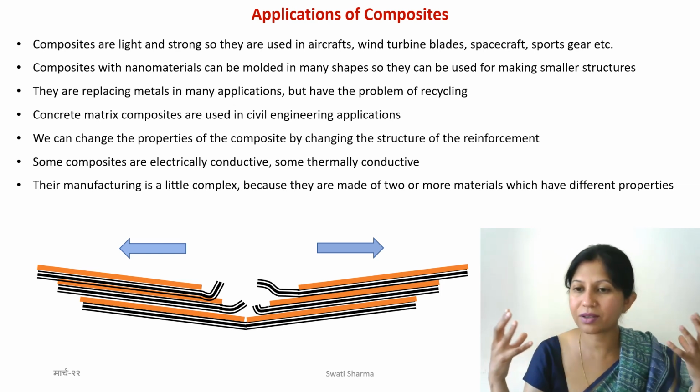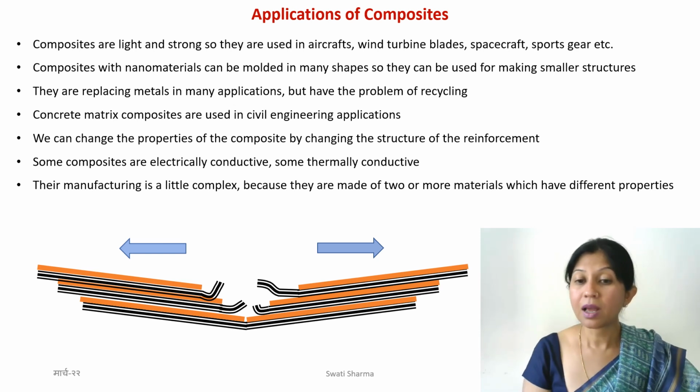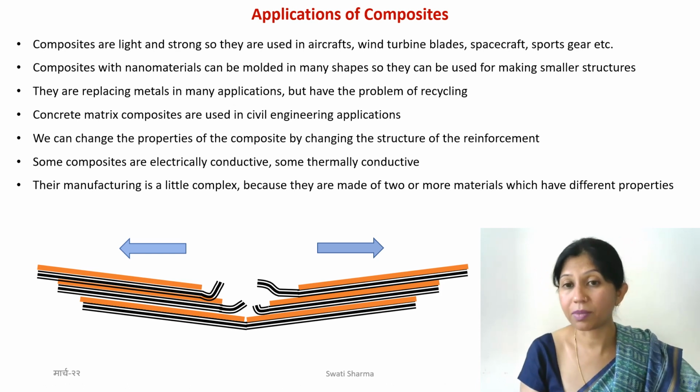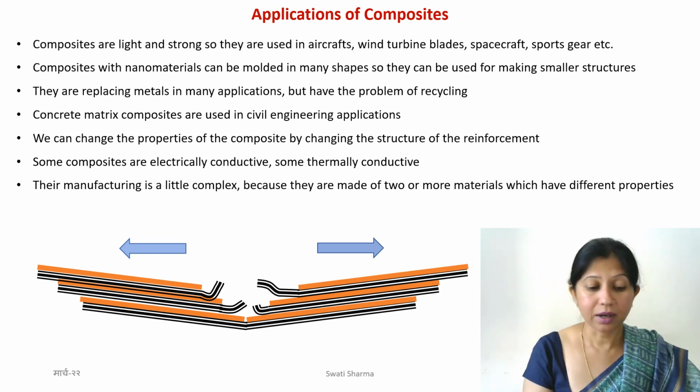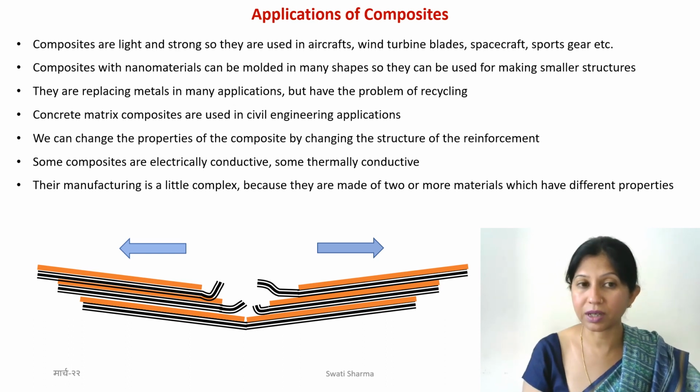So in that sense, overall, because the preparation of a composite material goes in multiple steps, it can get a little bit more complex. But anyway, for this particular course you don't need to go into further details.